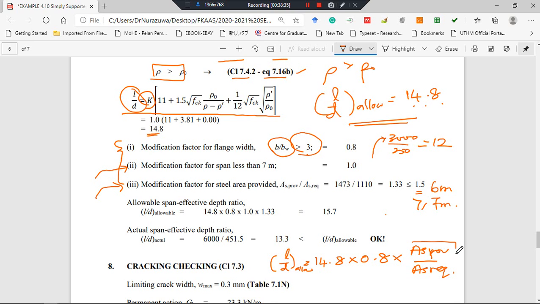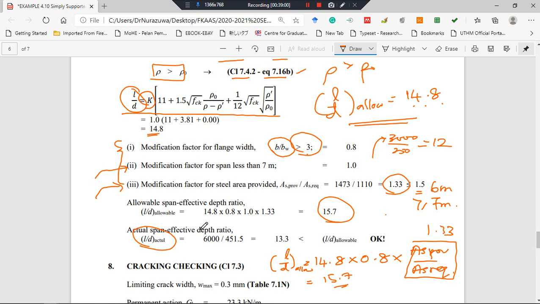This is equal to 1.33, and finally we get the allowable L over D after modification is 15.7. And then we compare with the actual.